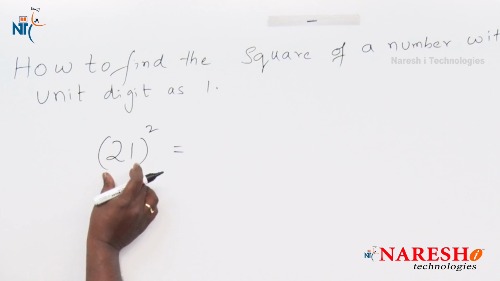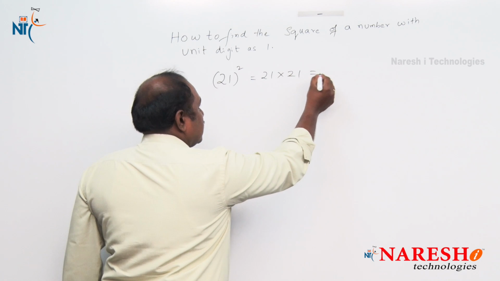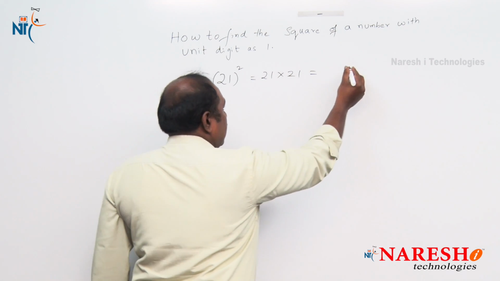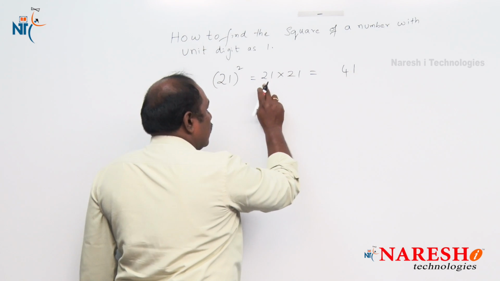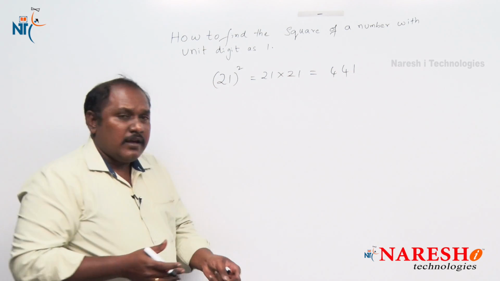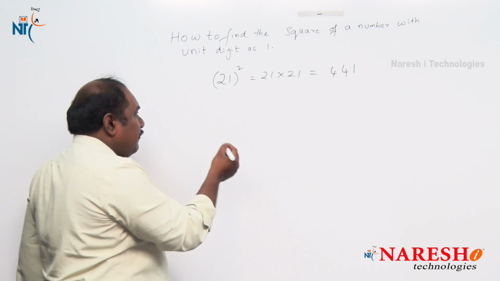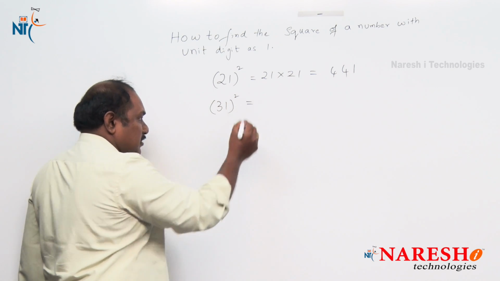This is nothing but 21 into 21. So apply like this: 1 into 1, 1. 2 plus 2, 4. 2 into 2, 4. This is one way of solving it.